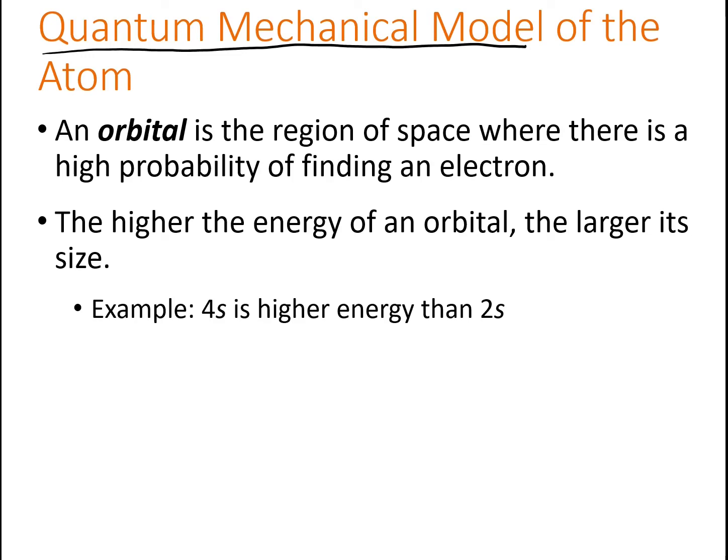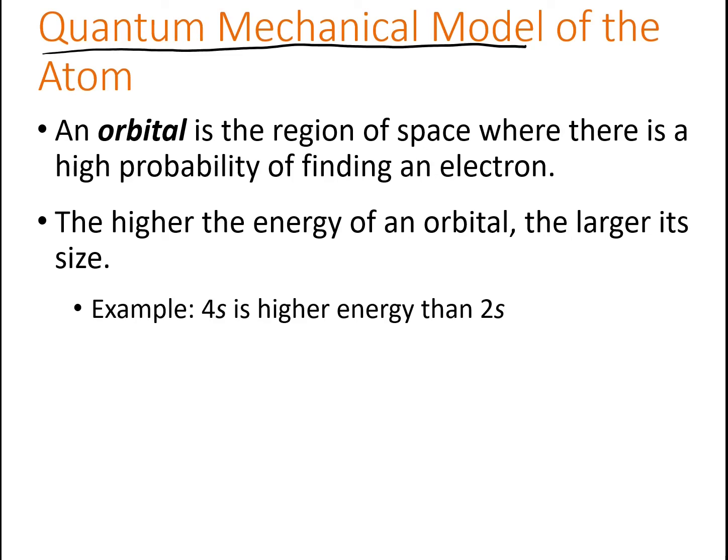And then Bohr added on to say that those electrons are in fixed energy levels. The quantum mechanical model says, well, there are energy levels and they're quantized, but they're not necessarily fixed. You can move from one energy level to another. You're just increasing energy or decreasing energy.